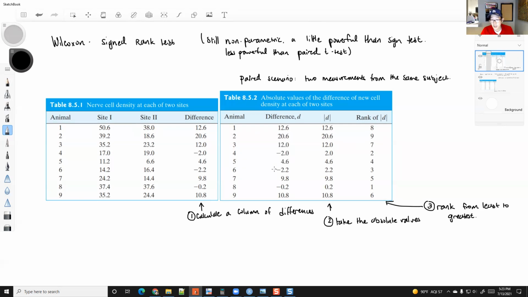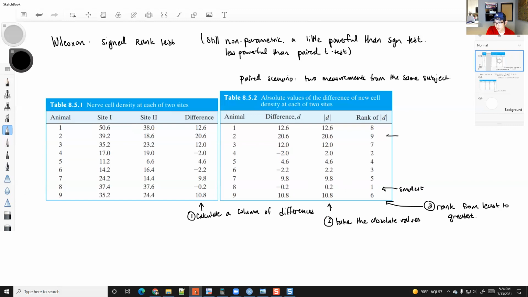So you say, all right, which one's the smallest difference? The smallest one here gets ranked 1, right? What's the next smallest? 2, the next 2.3, and so on and so forth.